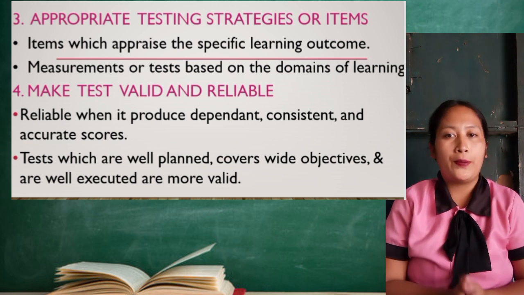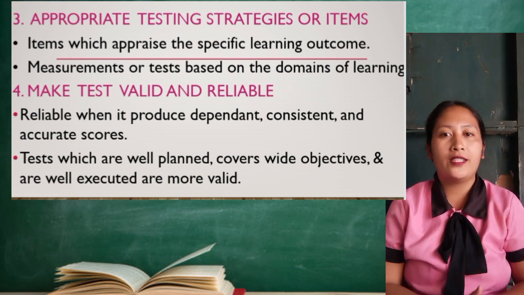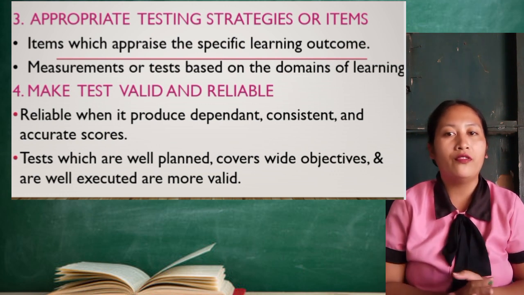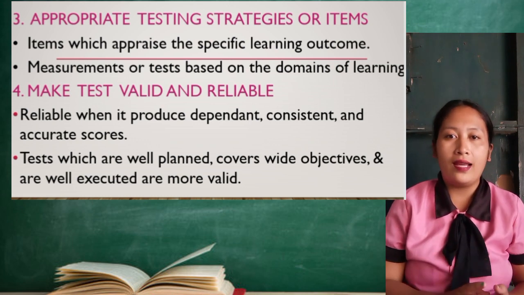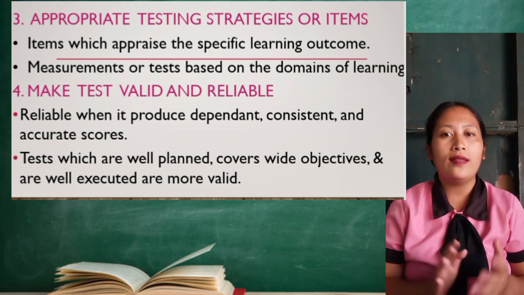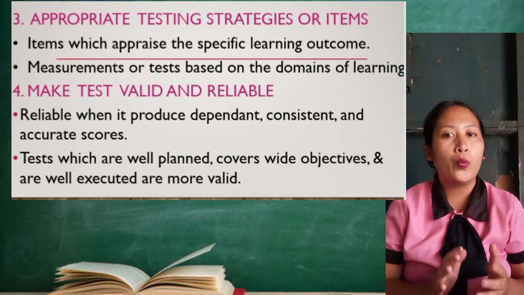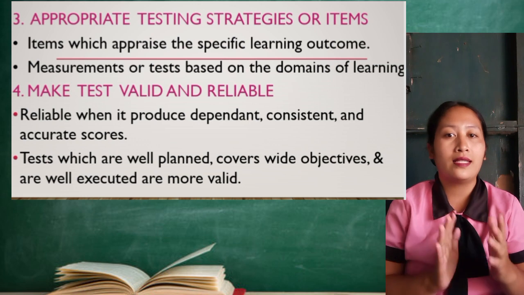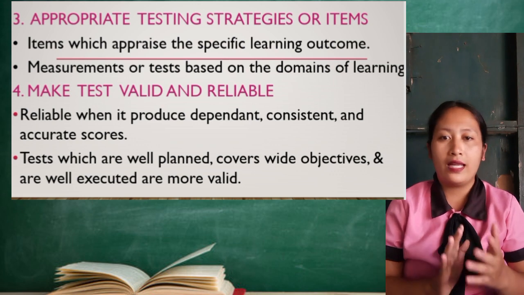In this principle, tests which are well planned, cover wide objectives and are well executed are more valid. The teacher must construct a test that is valid so that it can measure what it is supposed to measure from the students. The test is reliable when the scores of the students remain the same or consistent when the teacher gives the same test for the second time.